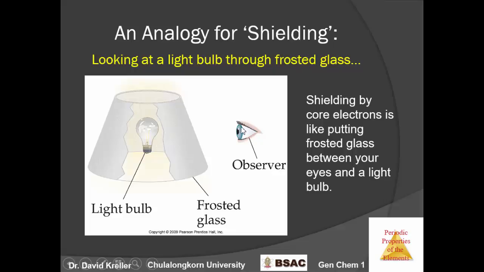The observer is like the electron, the outermost electron that we're considering the forces on, and it feels an attractive force based on how much of that positive electric field from the nucleus makes it all the way out to this electron observer. But of course, the frosted glass is analogous to the inner core electrons. Just like the frosted glass blocks radiation from the light bulb, the inner core electrons block the electrical charge that the observer feels.